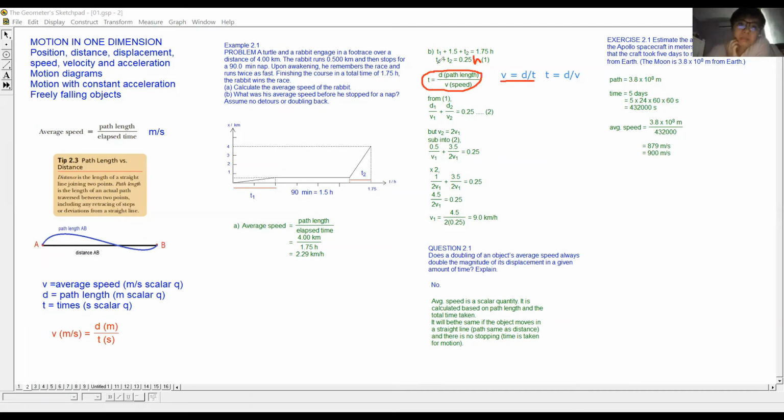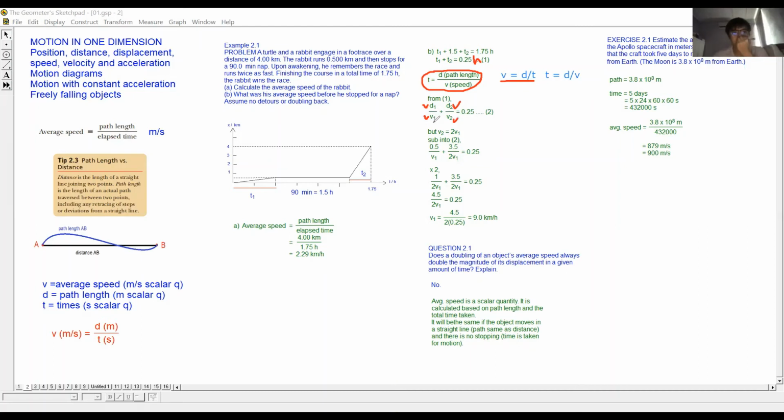So this time T1 is D1 over V1, and this time T2 is D2 over V2. That means it is for the first part of the journey and the final part of the journey. Both of them are time, but time can be written in the form of the distance, the path length, divided by the average velocity.